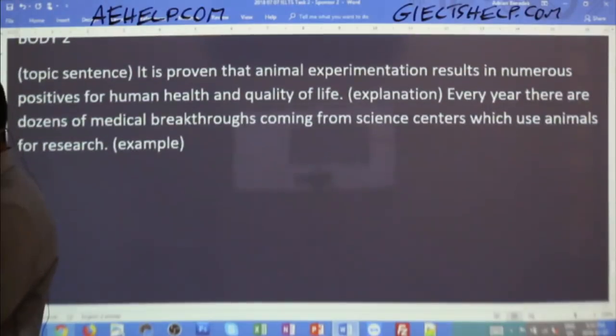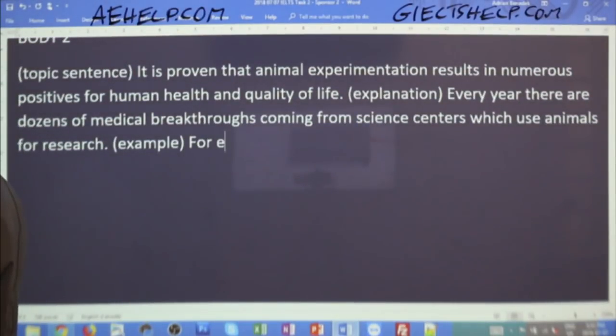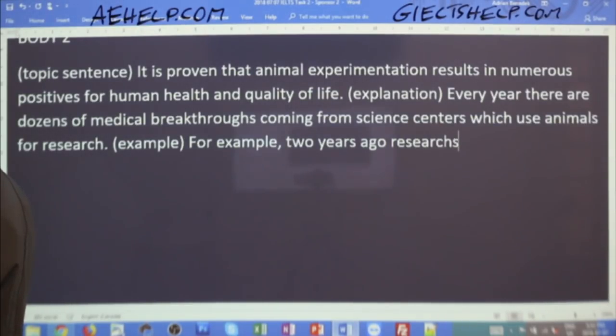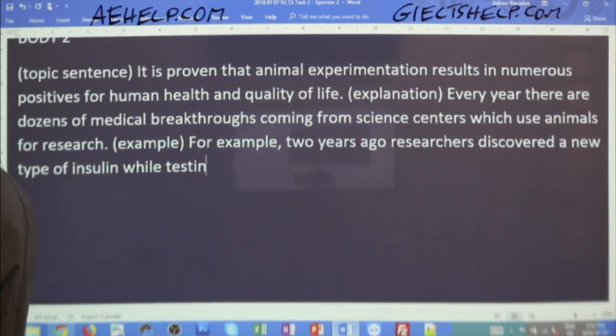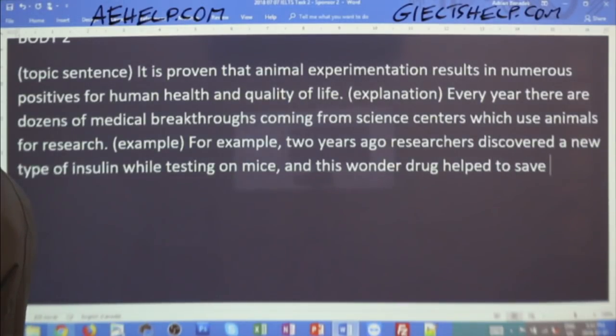For instance, for example, 2 years ago, researchers discovered a new type of insulin while testing on mice, and this wonder drug helped to save my cousin's life.